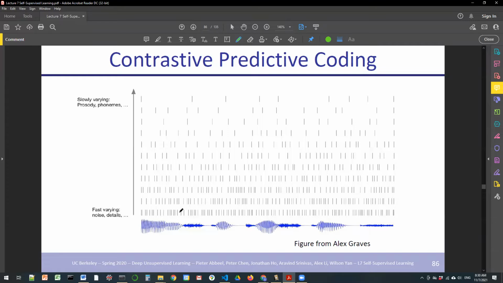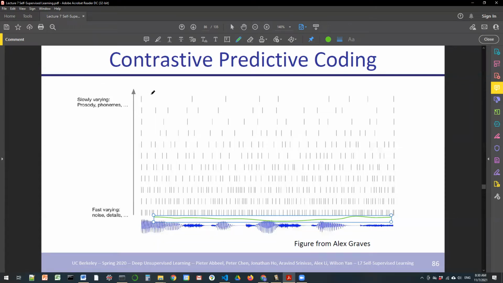In an audio waveform, down in the lower layers of your network, you have things which are fast varying. So this is raw audio, high frequency signals. And then as you go further up, as you are going deeper into our network, these are things which are slow varying.